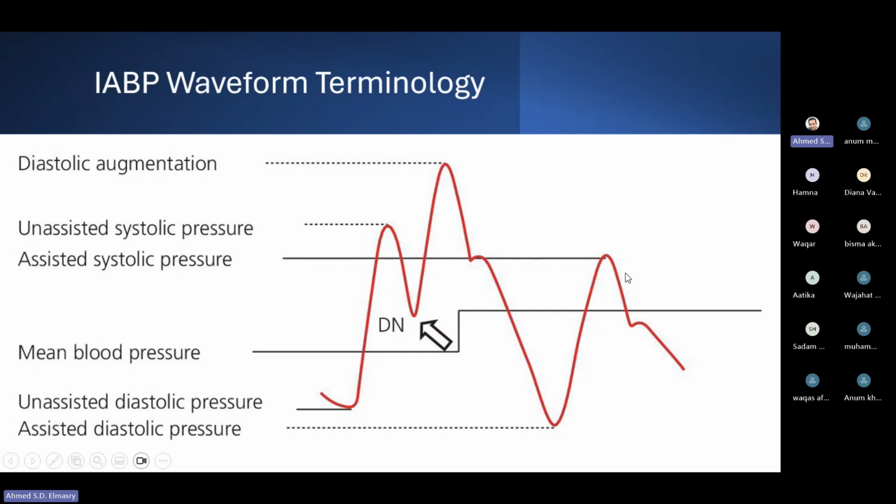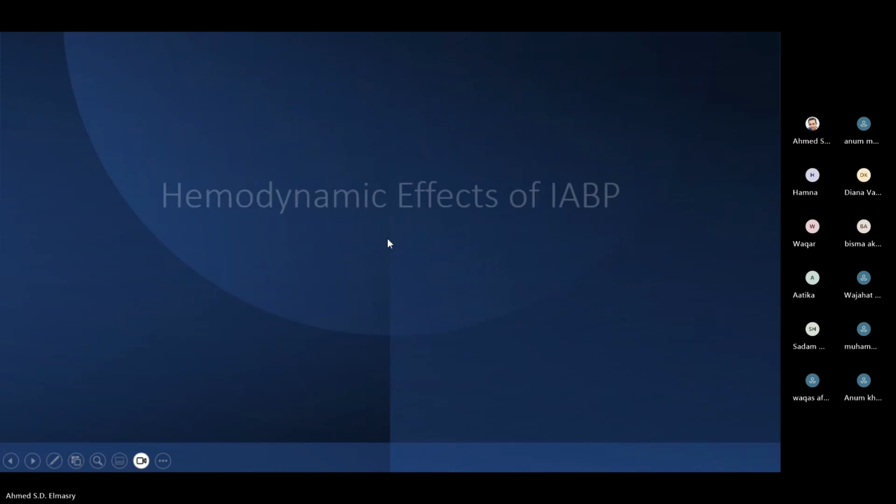This will lead to reduction of the assisted systolic pressure, and also reduction of the assisted diastolic pressure. So you should have the assisted diastolic pressure lower than the unassisted diastolic pressure.